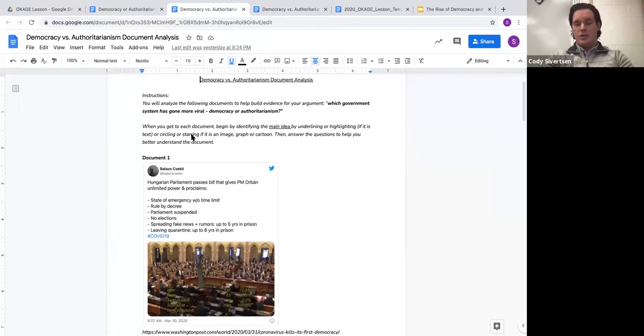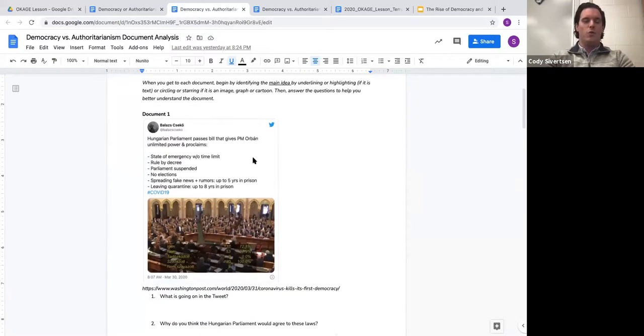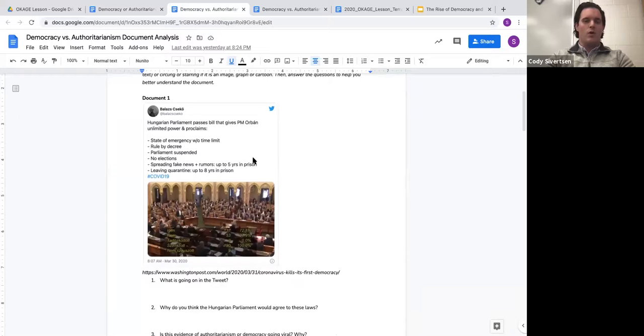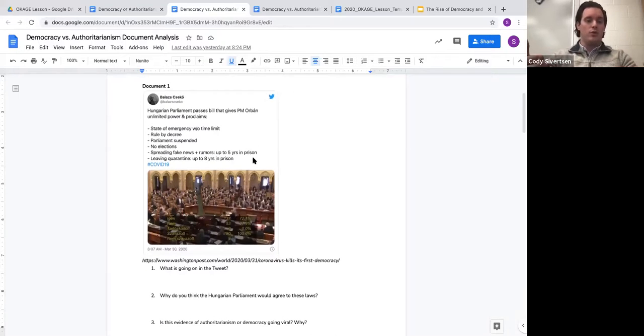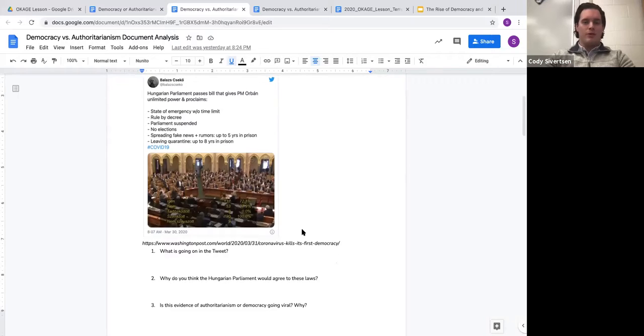When they get to each document, they begin by identifying a main idea and then answer these questions, because I put some guiding questions in here for each document. If your kids have some background in document analysis, you've been doing it for months now, they may be able to go in and answer these questions and say, okay, I can understand this document.